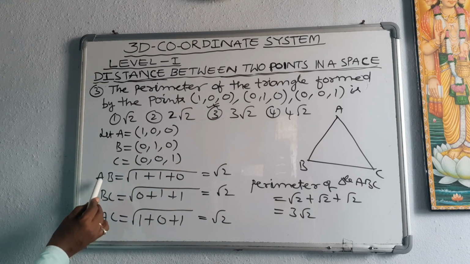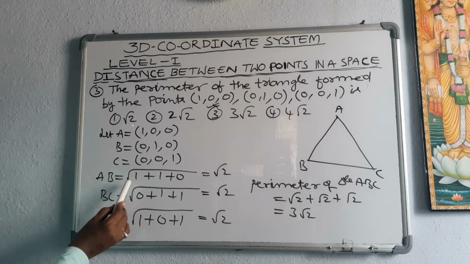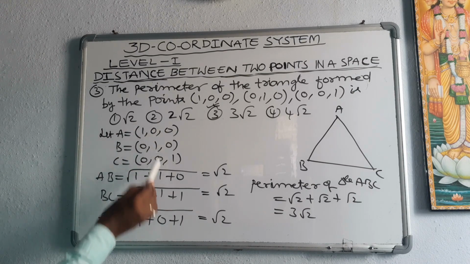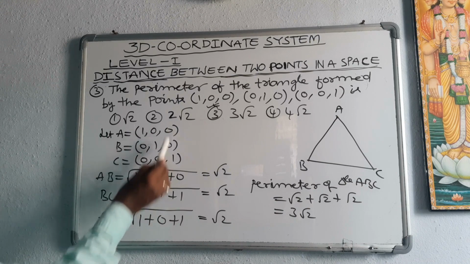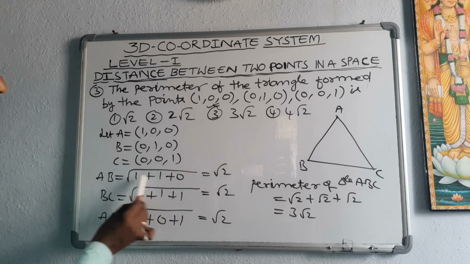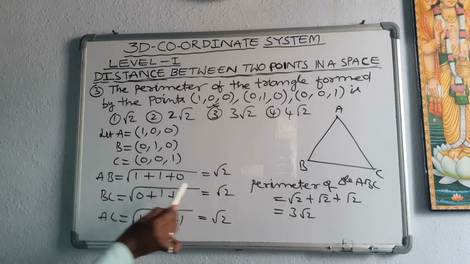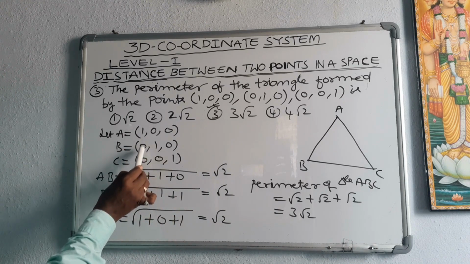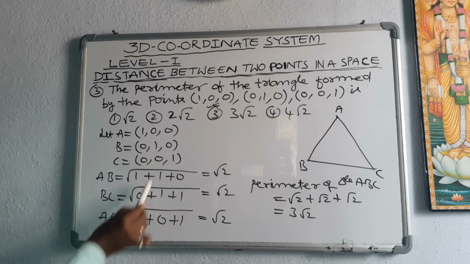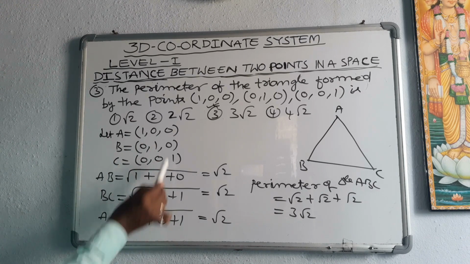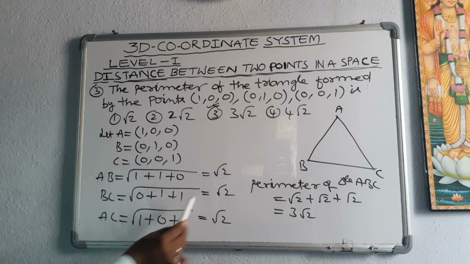To find the AB length, AB equals (1 minus 0) whole square 1 plus (0 minus 1) whole square 1 plus (0 minus 0) whole square 0, 1 plus 1, root 2. Next BC is equal to the square root of (0 minus 0) whole square 0, (1 minus 0) whole square 1, (0 minus 1) whole square 1, that equals root 2.